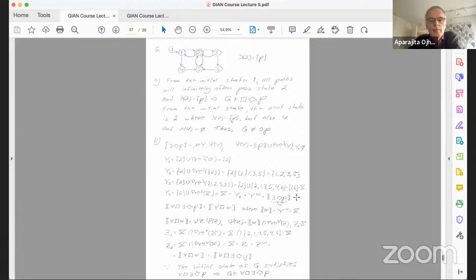That means we can also intuitively verify here that from all states you can finally reach state 2. So that is what should be expected. I don't go into the detailed explanation here.